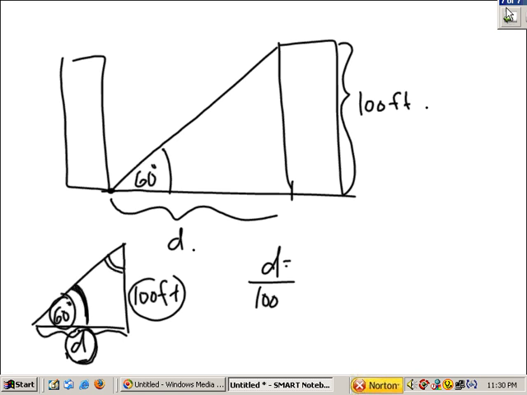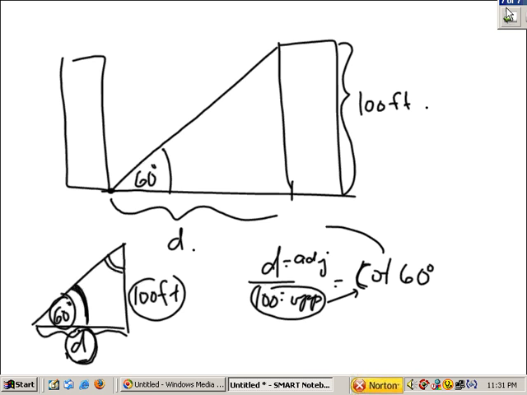That is, this here is with respect to 60 degrees. This is the adjacent, and this is the opposite. But you know what? That's cotangent. That's the cotangent of 60 degrees. 100 times the cotangent of 60 gives us D. D is 100 times the cotangent of 60 degrees.